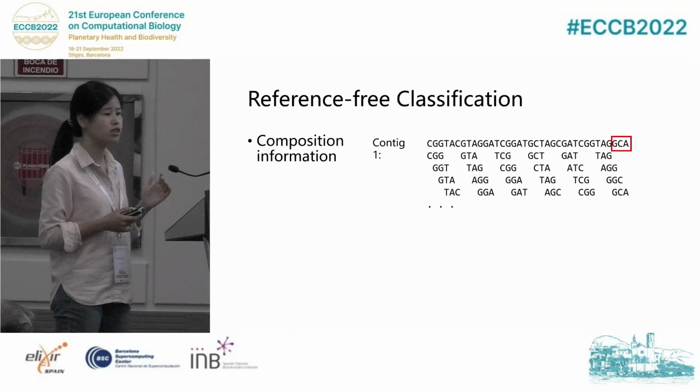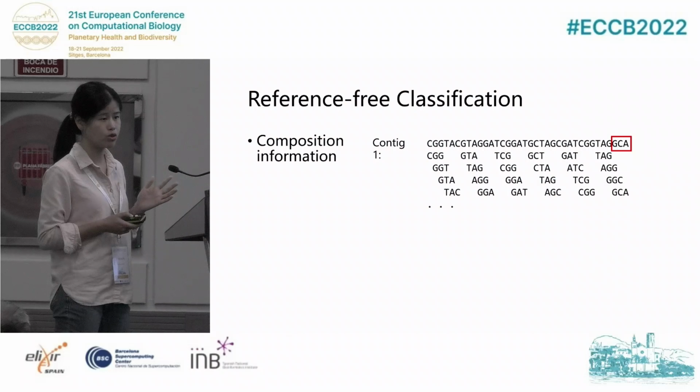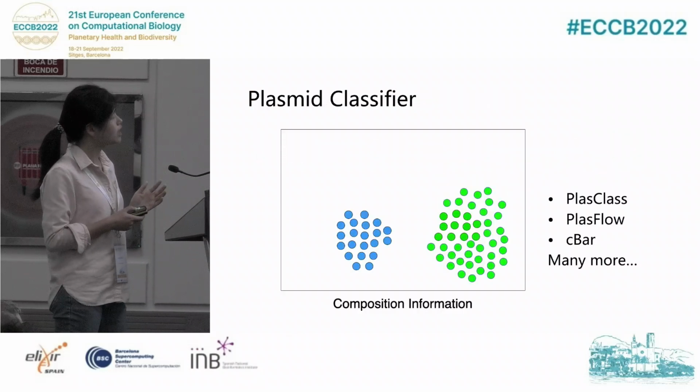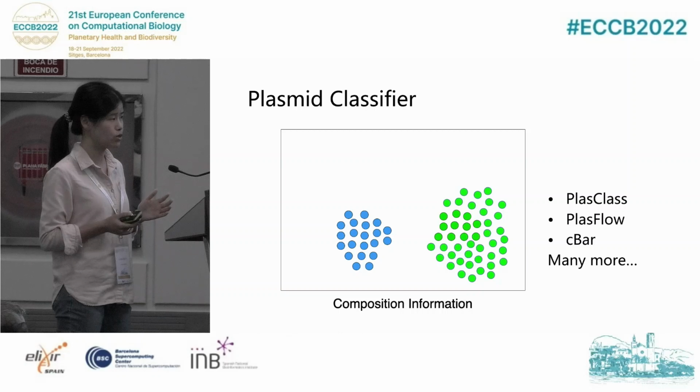So they use machine learning models to learn the k-mer composition information for different species in the reference database, and then given a new contig, they classify this contig according to its composition information. Currently, PlasClass and PlasFlow are two plasmid classifiers based on machine learning and composition information.